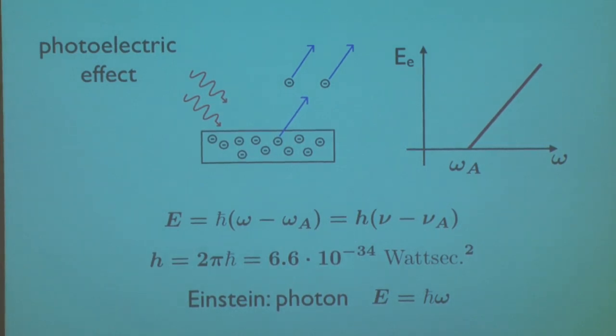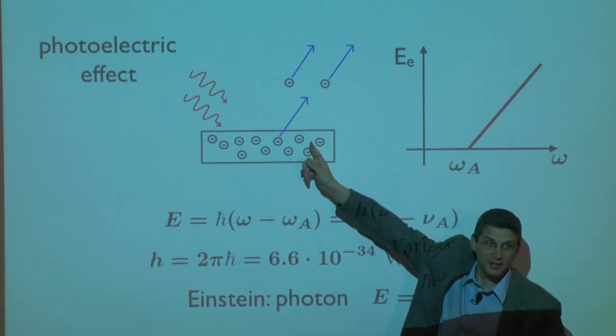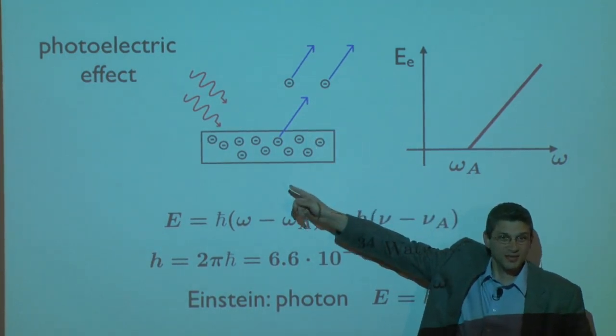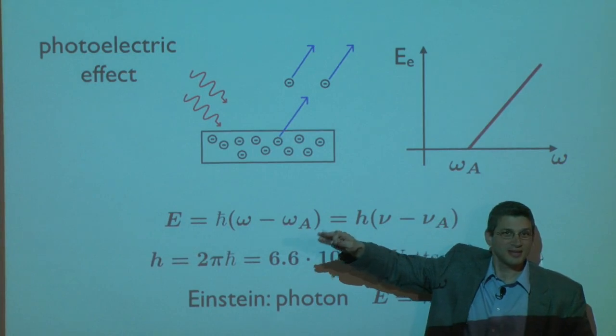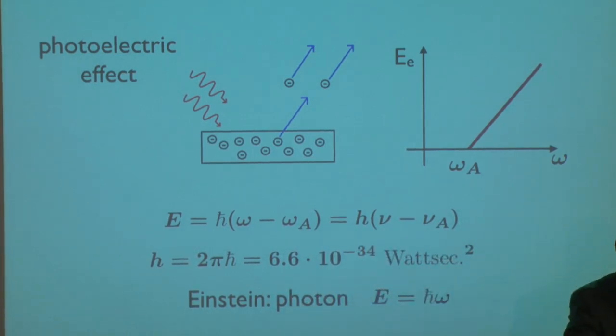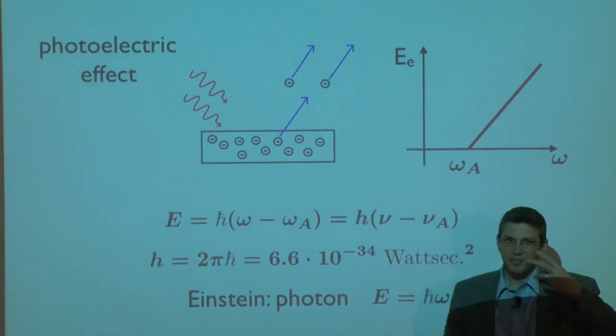But if you plot the energy of an electron coming out of the metal versus the intensity of the light, it's a flat line. It does not depend on the intensity of light. You get more electrons out, but you don't get them to be any more energetic. And that had to lead to a picture of light not necessarily being a wave.